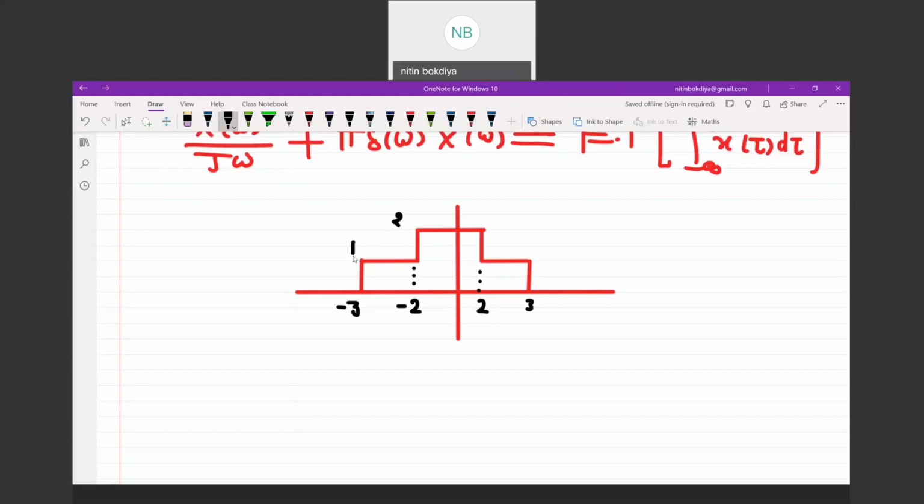This is 2, this is 1. x of t is given; find x of omega. What will be the value of x of omega?